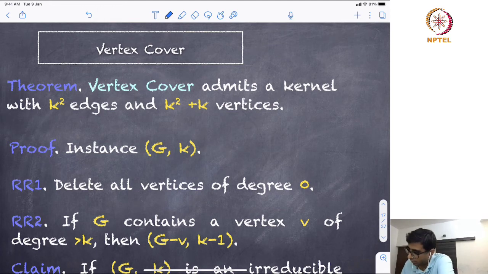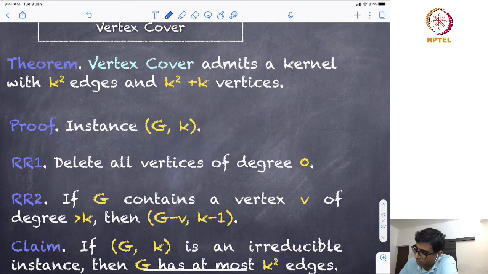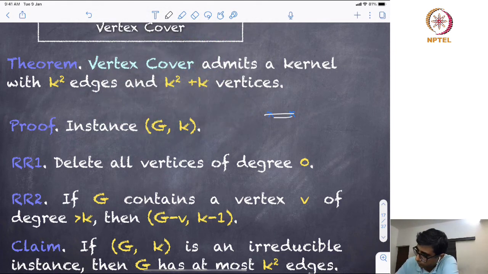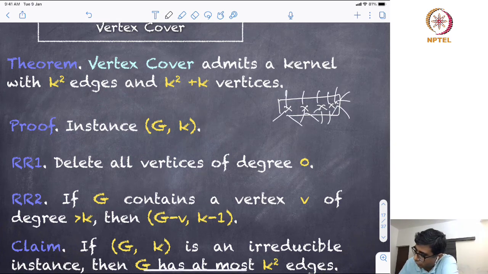Okay. Why k squared plus k vertices? Let me just draw some picture for you. So we have reached the stage that if there is a vertex cover of size k, they have degree at most k. So the total number of edges they cover is k squared, that's correct.